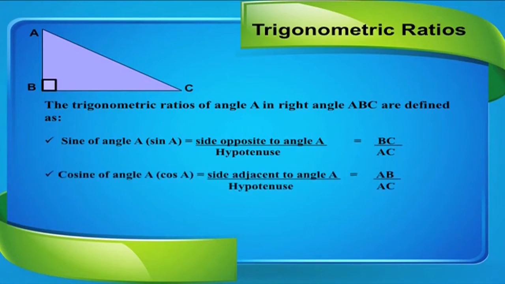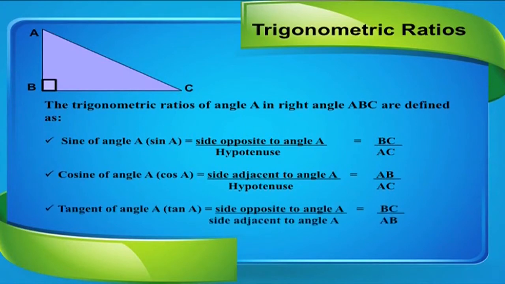Similarly, cosine of an angle A, that is cos A, is equal to side adjacent to angle A upon hypotenuse, or is equal to AB upon AC. And the tangent of an angle A, that is tan A, is equal to side opposite to angle A upon side adjacent to angle A, that is BC upon AB.